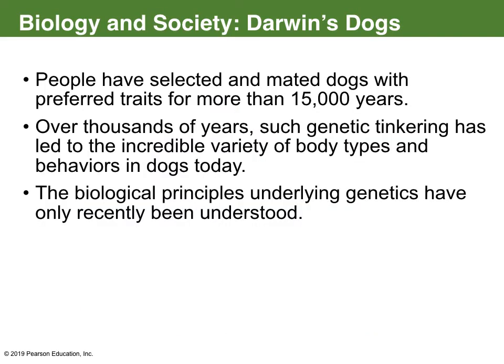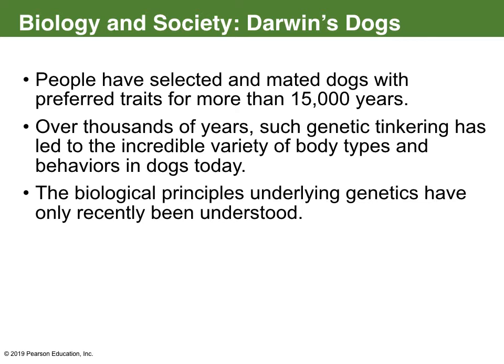Now, a great example of what's called artificial selection is domestic dogs, right? People have been selecting and mating dogs with preferred traits for more than 15,000 years. So over those many, many years, that sort of tinkering has led to the really wide variety of body types and behaviors that we see in dogs today.